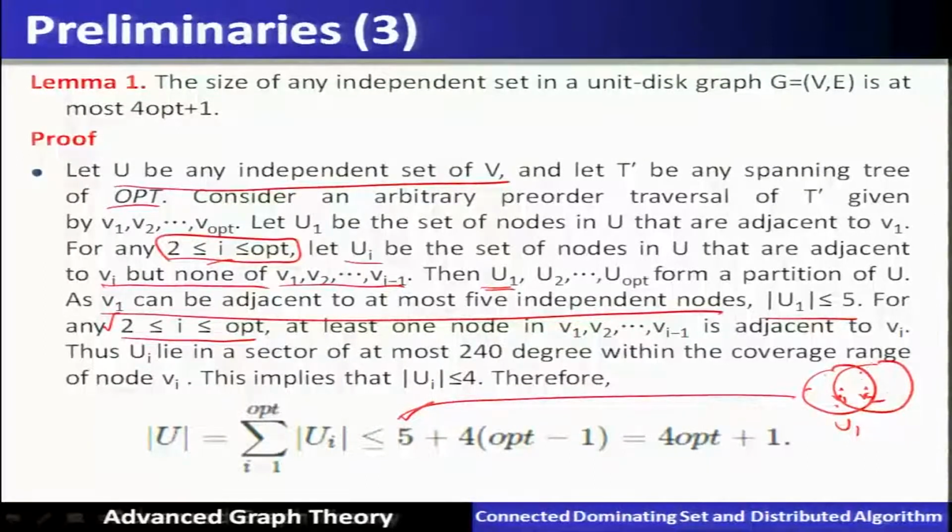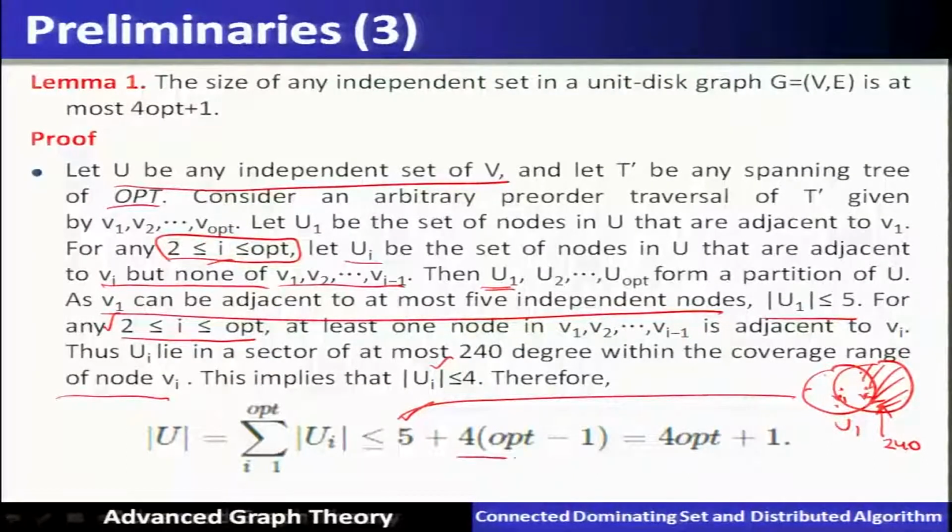and in this particular portion we have to count how many more nodes can be there. So this is at most 4, hence the coverage range of node Vi will imply that Ui must be less than or equal to 4.